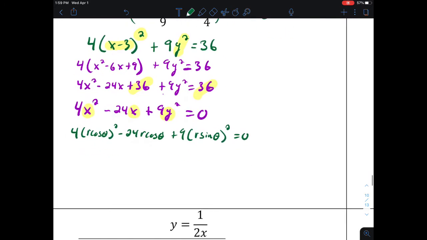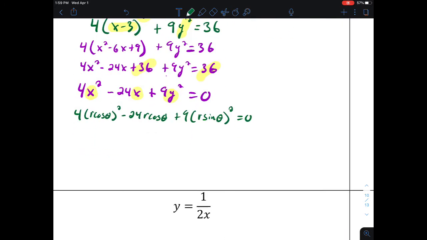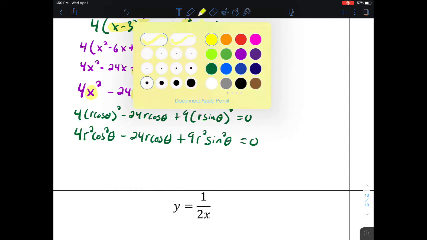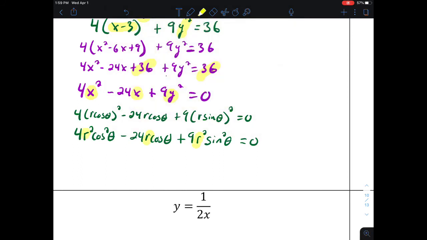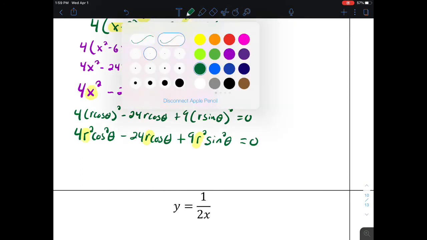And then come through and apply the powers correctly. We'd have 4r squared cosine squared theta minus 24r cosine theta plus 9r squared sine squared theta is equal to 0. Now, since everything has an r in my problem, I have r's, r's, and r's here, I can divide my whole problem by r.